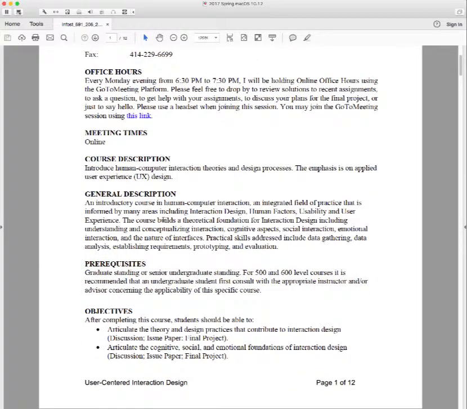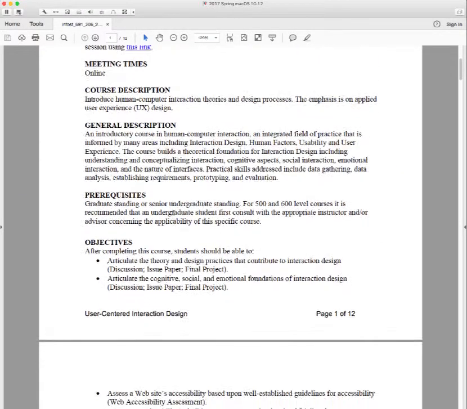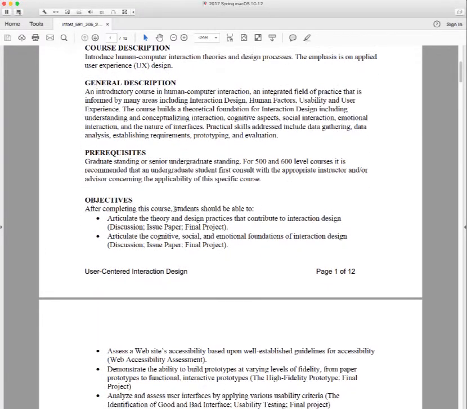Course description: introduce human-computer interaction theories and design processes. The emphasis is on an applied user experience design. And the next paragraph, the general description: an introductory course in human-computer interaction, an integrated field of practice that is informed by many areas including interaction design, human factors, usability, and user experience.